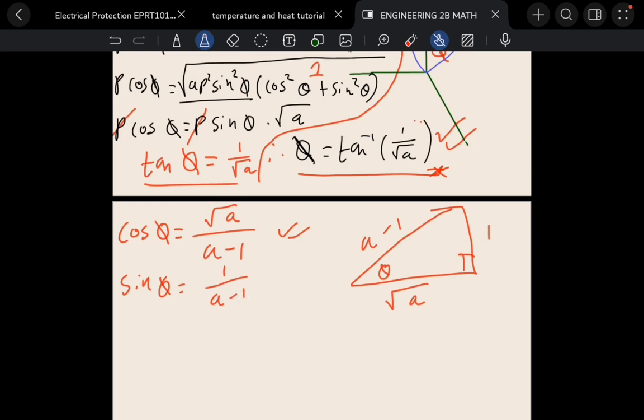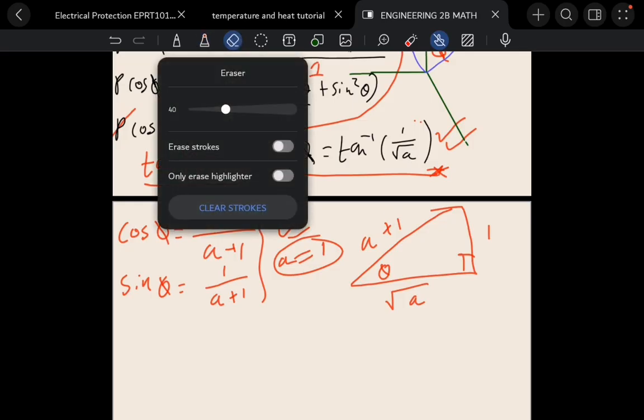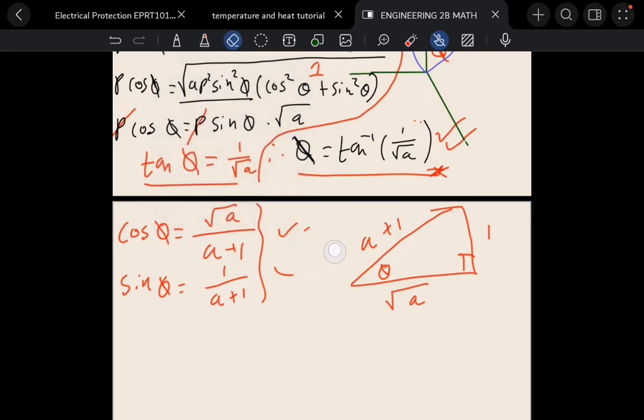There is a problem with this, though. Your a must not equal what? To 1 to use these two equations. Your a must not, it's actually plus, sorry guys, it's actually plus. So you can use the equations the way you like.